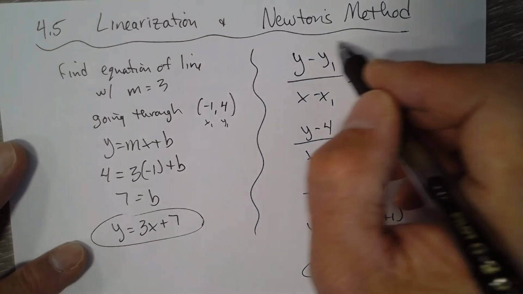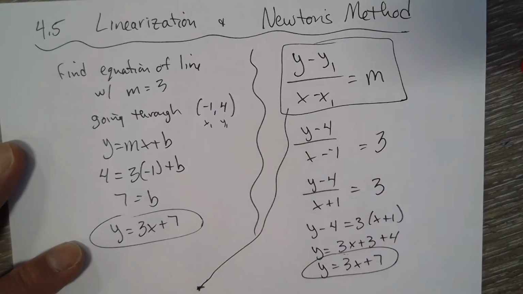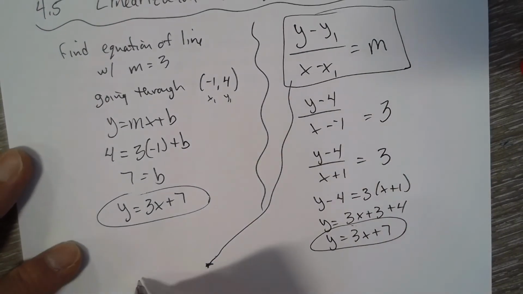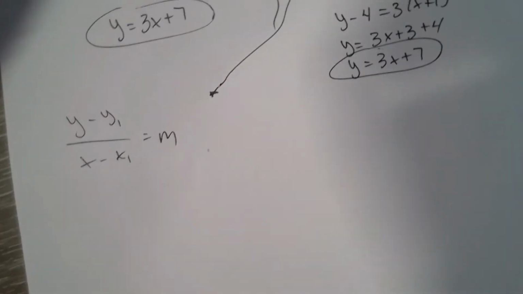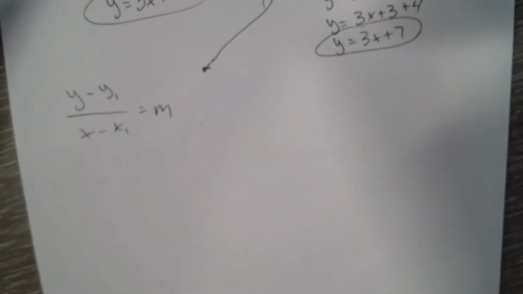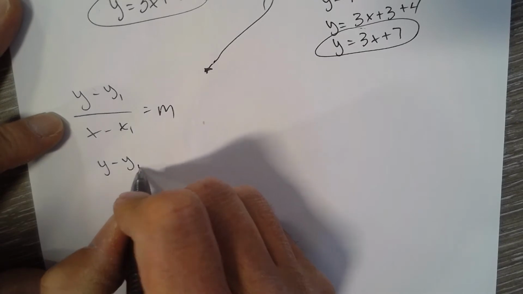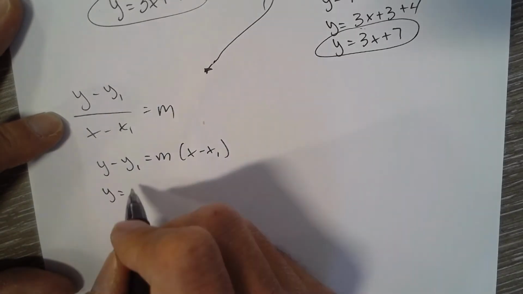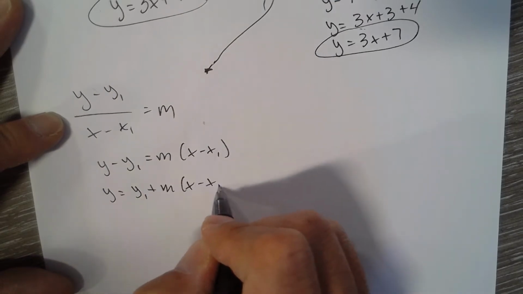So this is a thing, and we're going to use that point slope form to derive the linearization formula. If I have y minus y1 over x minus x1 equals m, and I solve it for y, then y minus y1 equals m times x minus x1. So y equals y sub 1 plus m times x minus x sub 1.